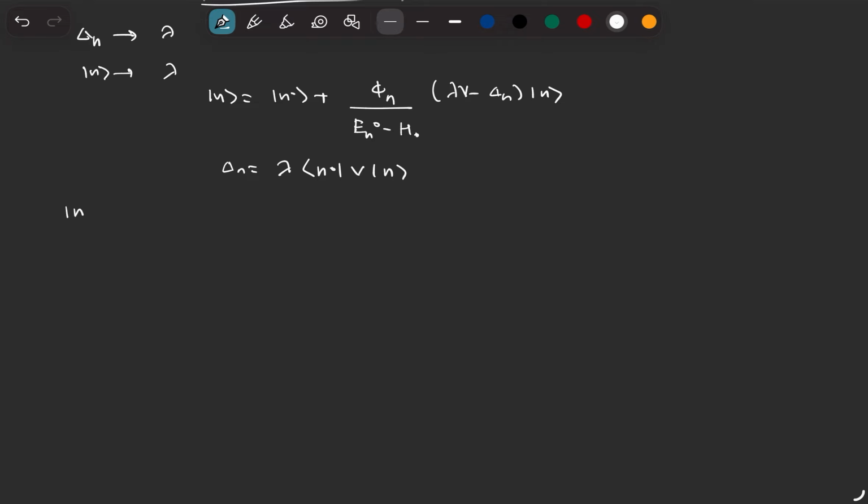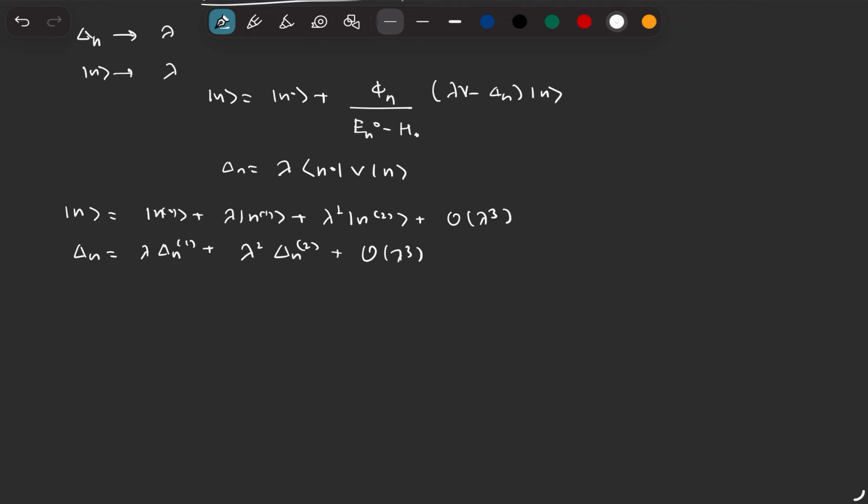So let's write |ψn⟩ in a power series, that is |n0⟩ plus Λ|n1⟩ plus Λ² |n2⟩ plus higher order terms. And then we have Δn, and it's written as Λ Δn to the first order plus Λ² Δn to the second order plus Λ³ terms.